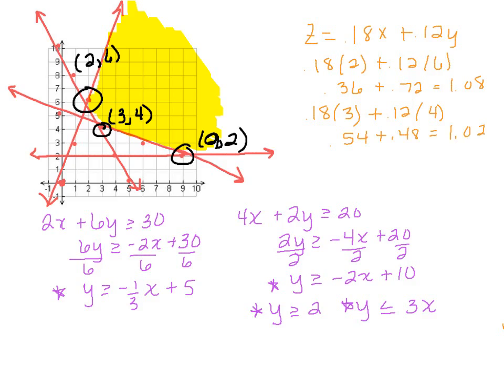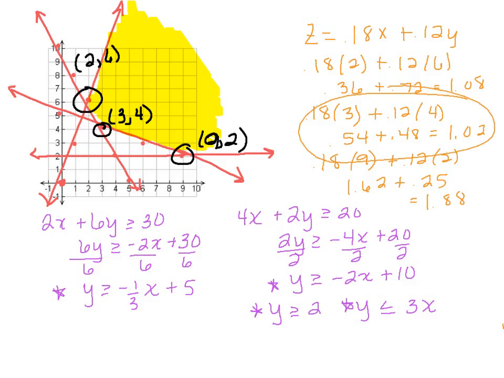And then finally checking the far right point, we have 18 cents times 9 plus 12 cents times 2. So $1.62 plus 24 cents equals $1.88. So that would be too much. So the one that works is the $1.02.